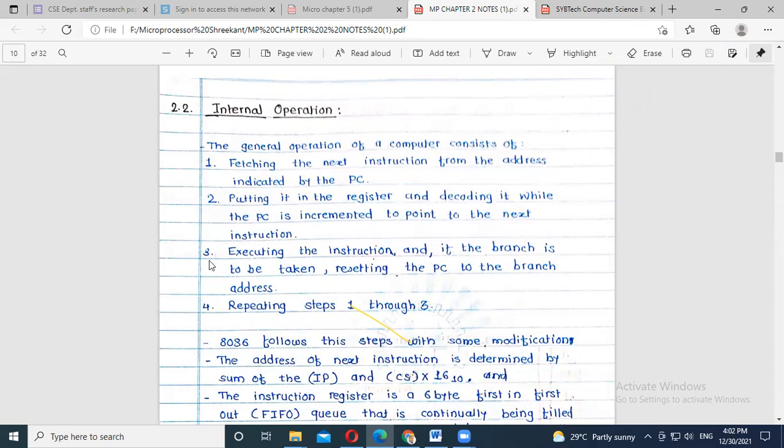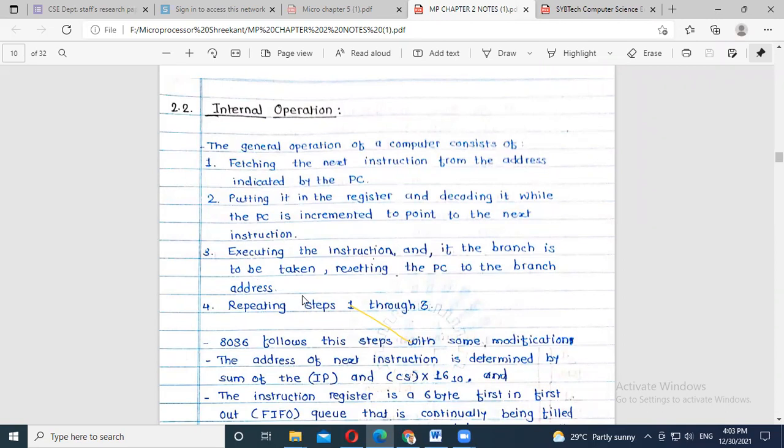In the third point, once you have fetched the instruction and put it into the register for decoding, we carry on to executing the instruction. If a branch is to be taken, the program counter is reset to the branch address.